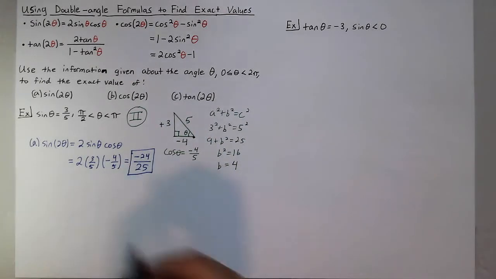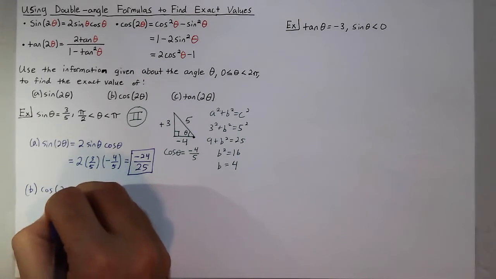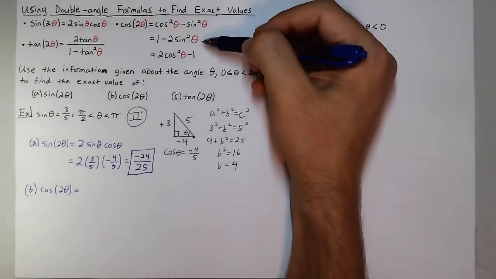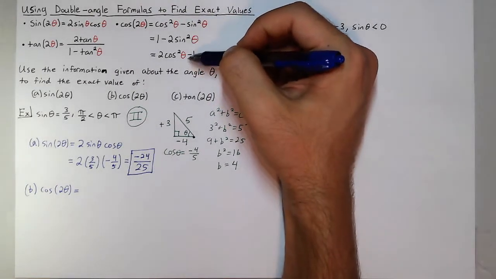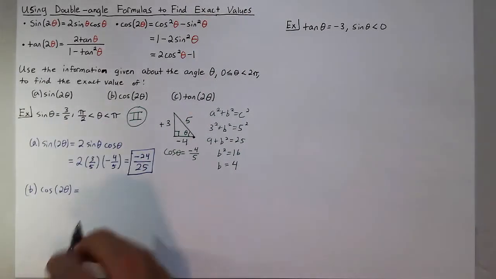Now let's look at part B, and let's try to find cosine of 2 theta. Now I have 3 different choices of formulas to use. Even though I do know what cosine of theta is, I'm going to go with the middle formula since I'm given sine theta as a value.